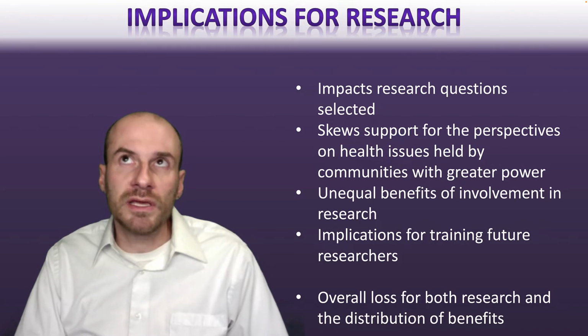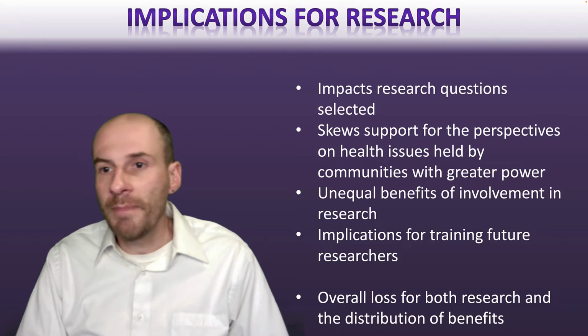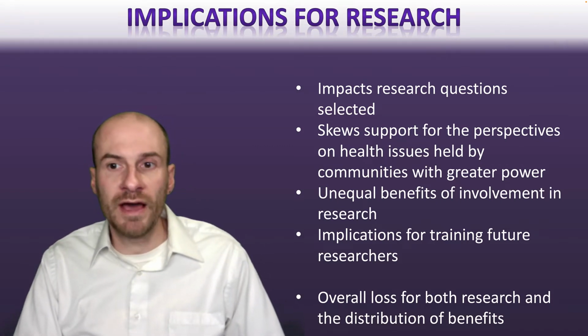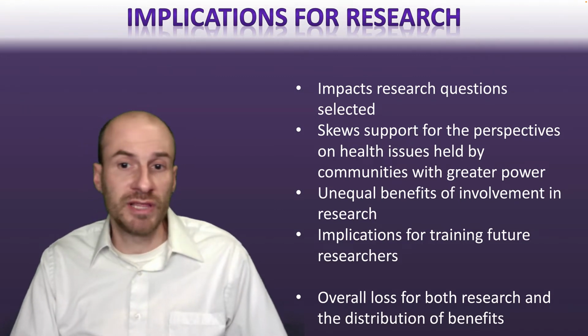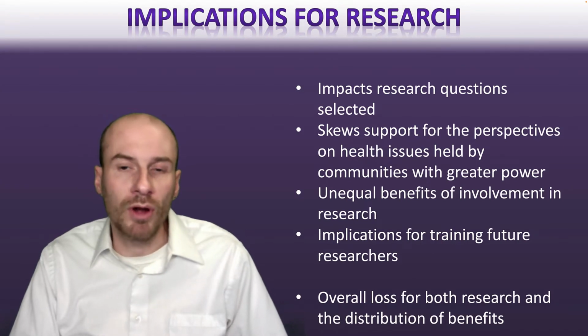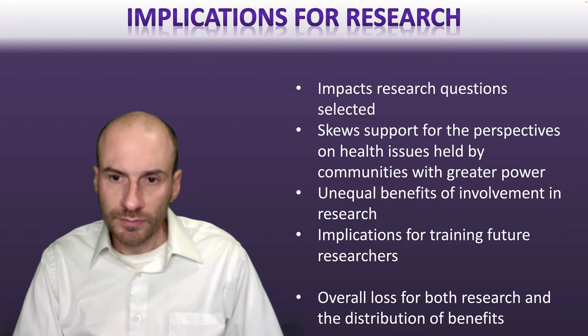So the point here being that diversity among people who are doing research impacts the research questions that are asked. And if we don't have that, it can skew the information that's generated towards communities who have greater power when we're talking about these types of health issues.